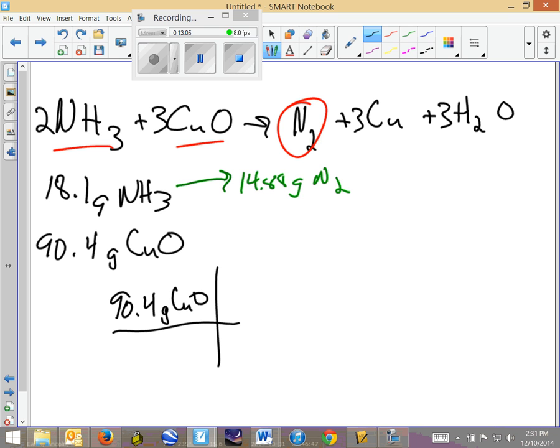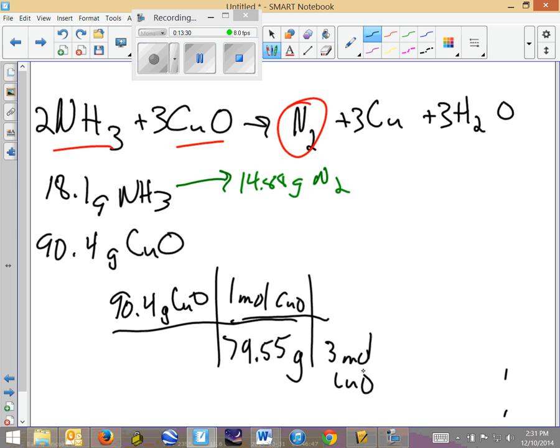Copper is 63.55, and I'm going to add that to 16. That gives me the molar mass of copper oxide, in this case copper 2 oxide, is 79.55 grams, which equals 1 mole. My balanced equation says I have 3 moles of copper oxide for every 1 mole of nitrogen.